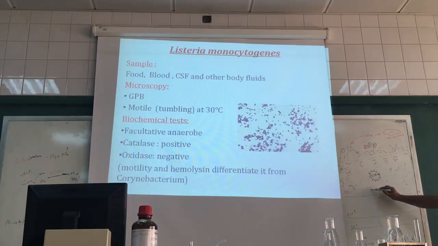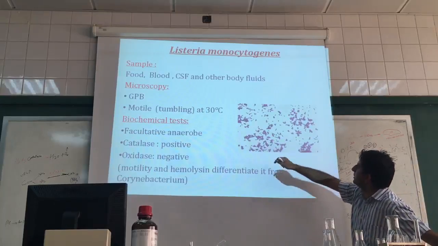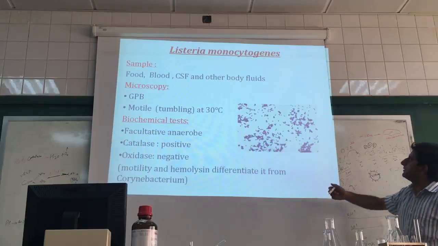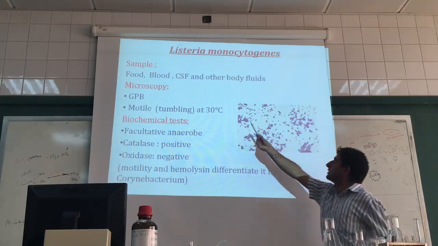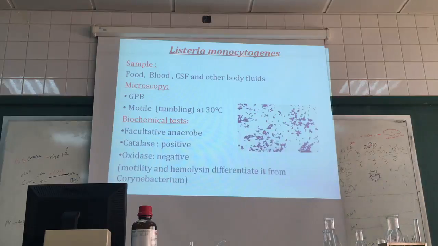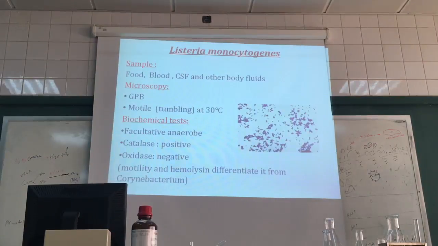Usually bacteria are rod shaped, but this bacteria, Listeria, is comma shaped. So due to this V shape, when it moves, it tumbles.